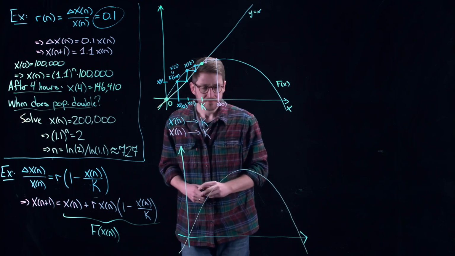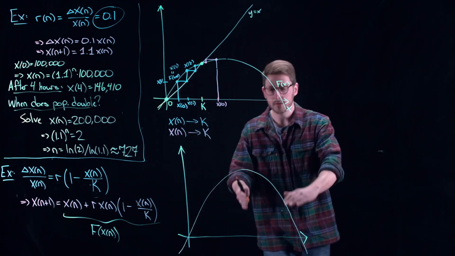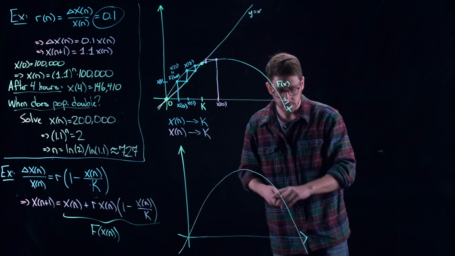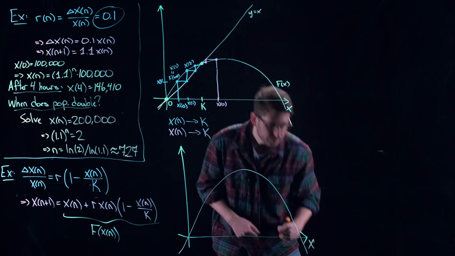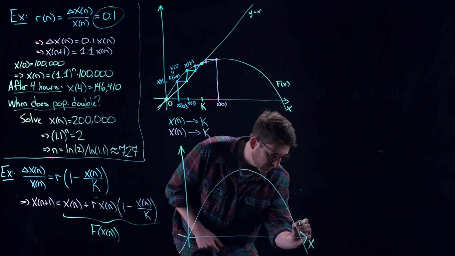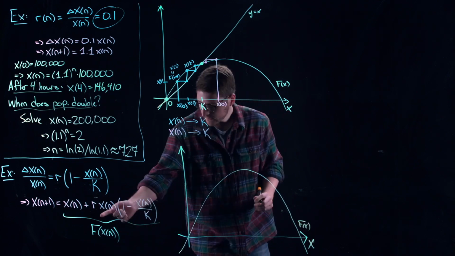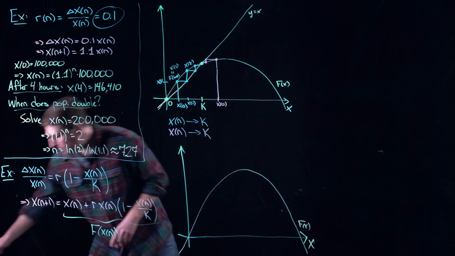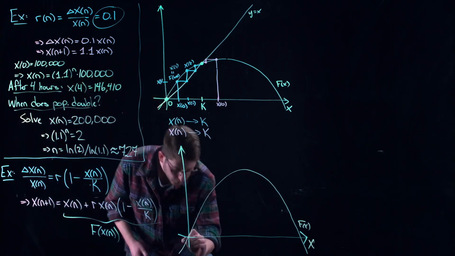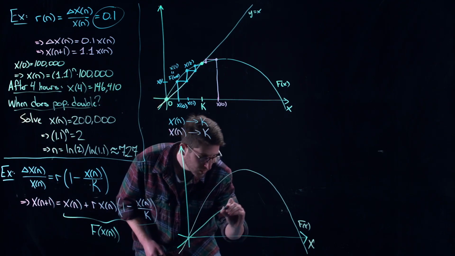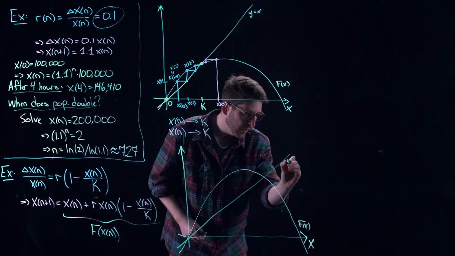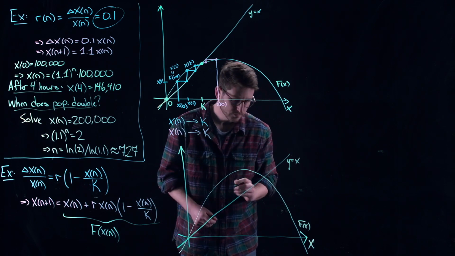I increased r, so this thing is supposed to be up a little bit higher. This is my f of x function, again, the right-hand side of this. Remember, to do this properly, we have to have y equal to x on the graph as well.